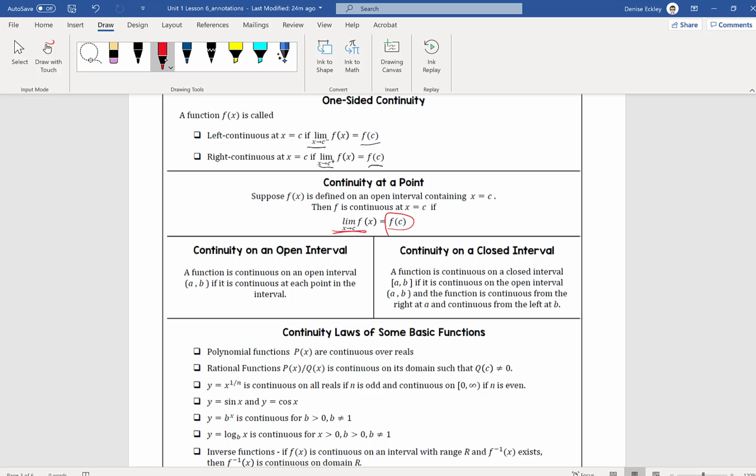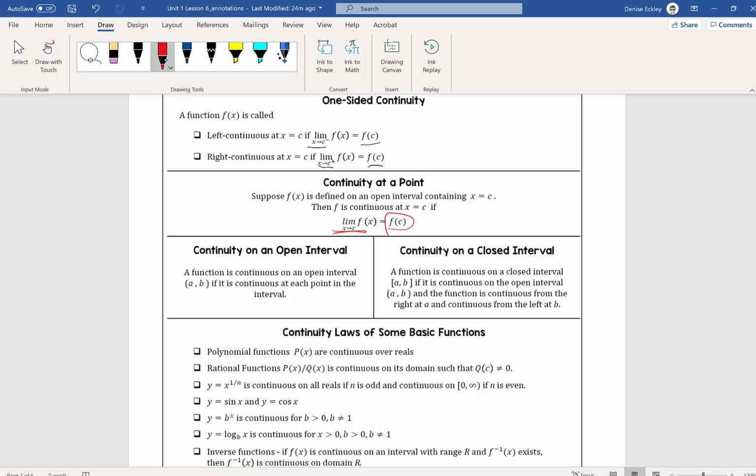Okay, that's the formal definition of continuity. So then we have two different types of continuity. We can have continuity on an open interval, where we're not including the endpoints, but it's continuous at every point in between them. So that's what we defined in example 2, where we had open intervals.